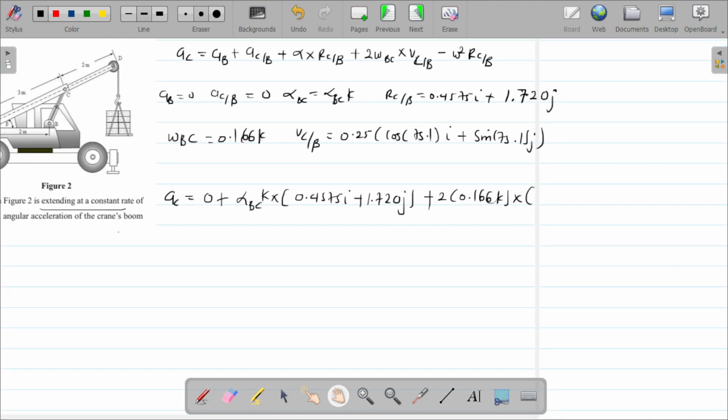If you expand this, you have 0.25 cos 75.1, so you have 0.642 I plus 0.241 J. And then what else?